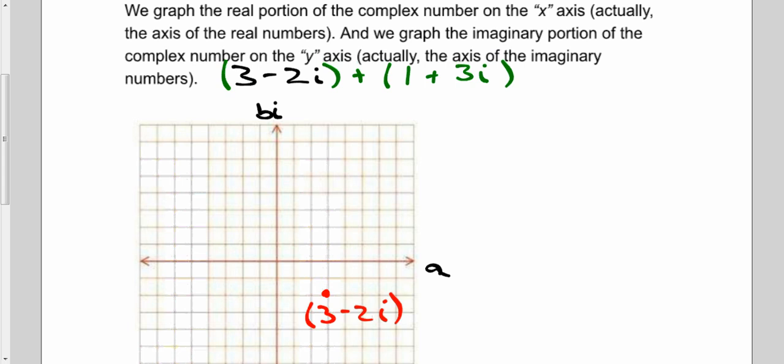Right 1, up 3. And I get to 4 plus i, right? That should give us some intuition as to what we're doing when we're actually adding complex numbers. Okay? We got a little bit of practice doing that.